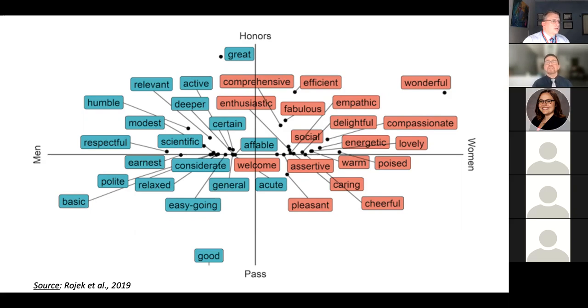And are you seeing terms that have to do with personality on both sides of the x-axis? Ernest. Say that again, please. Right. The humble, earnest, relaxed, easygoing, seems he's probably better than portraying himself. Polite is something that may be referred to women as well. Yeah.